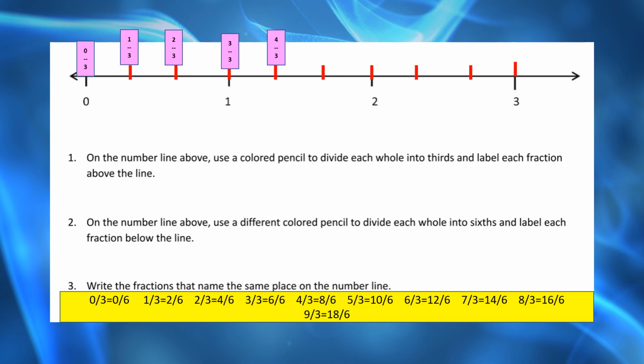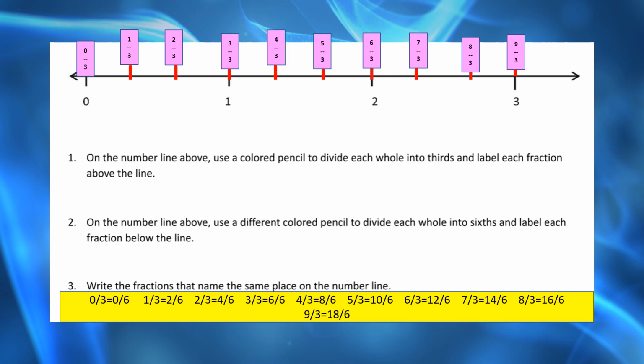The fourth line is 4/3. The fifth line is 5/3. The sixth line is 6/3, and that's also equal to 2 because 6 divided by 3 is 2. The seventh line is 7/3. The eighth line is 8/3, and the ninth line is 9/3, which is also equal to 3 because 9 divided by 3 is 3. Now, we've completed everything that we were supposed to do for number 1.